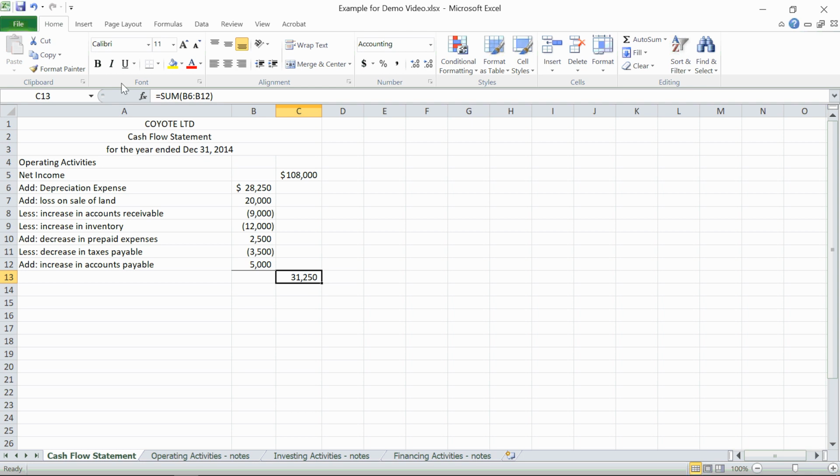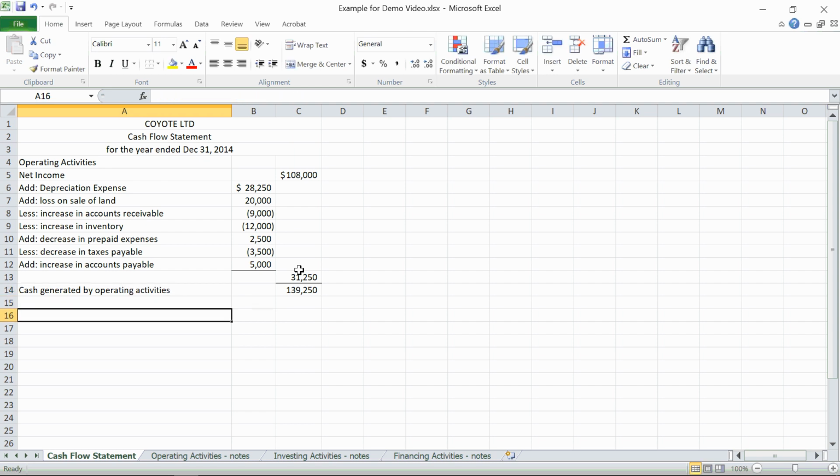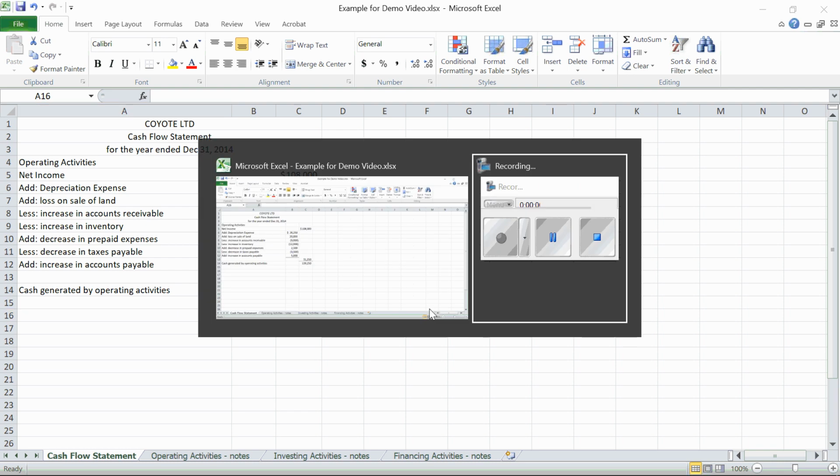I'm now going to add those positive adjustments as the result of all of these changes to our net income. I'm going to call this cash generated by operating activities. And if it was negative, I would call it cash used for operating activities. So I'm going to stop the video here, and I'm going to do the investing section in the next video.